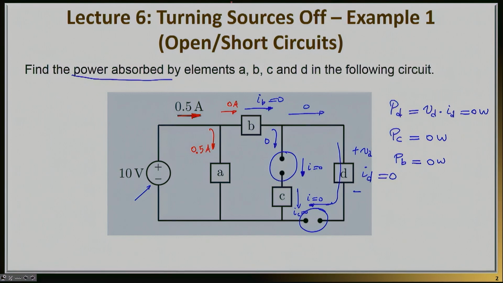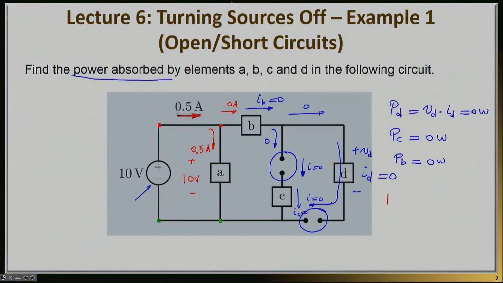So now we do know that there is a current through device A, half an amp. We do know the voltage drop across device A. Look, this node, which of course is the same as this node, and then we have this node, which is of course the same as this node. So the difference between the red and the green nodes is exactly 10 volts as imposed by the voltage source.